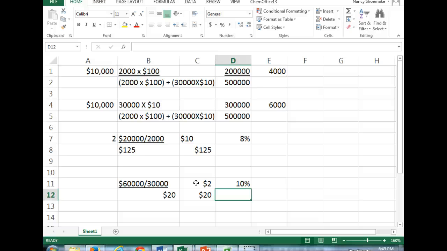But at market value, it's 125, so it's going to be lower. Yet the common stock, we're doing it the same way. There's a lot more common stock shares, they're valued at less, but it's a higher yield per stock. So they're getting a 10% dividend based on the market value. How many of you guys get what I'm doing right here?